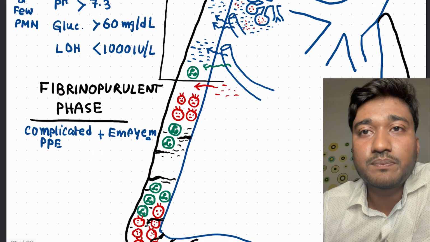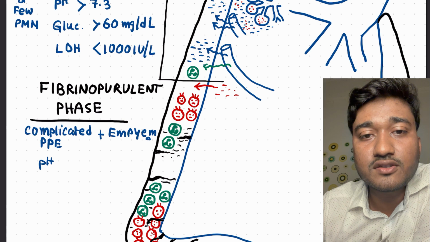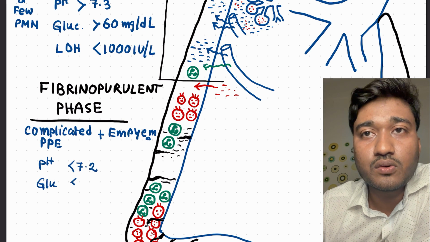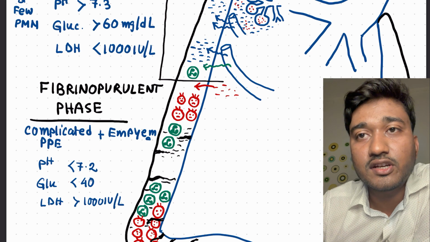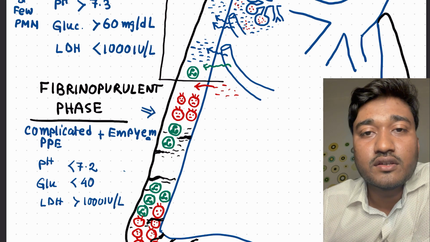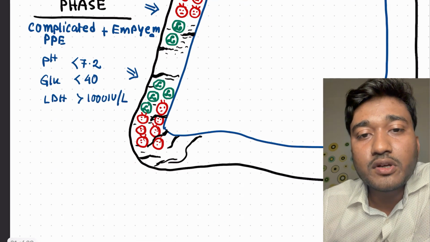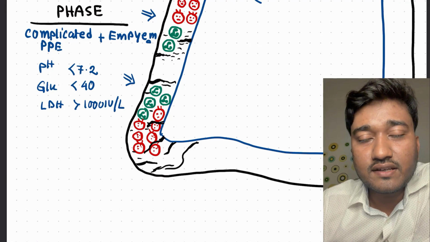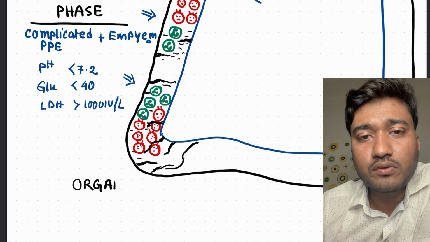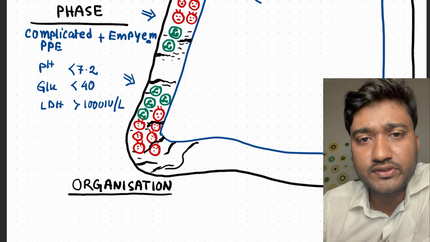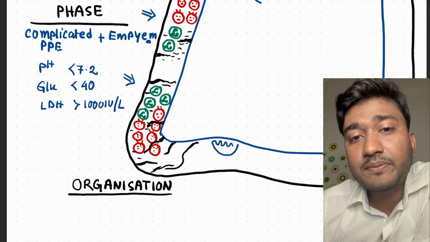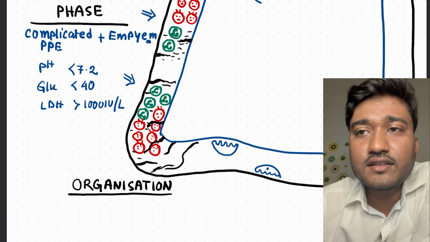In the fibrinopurulent phase, the pH is less than 7.2, glucose less than 40, and LDH more than 1000 international units per liter. Please remember, the fibrinopurulent phase happens within 4 to 14 days of the inflammatory process. After that we have the organization phase.